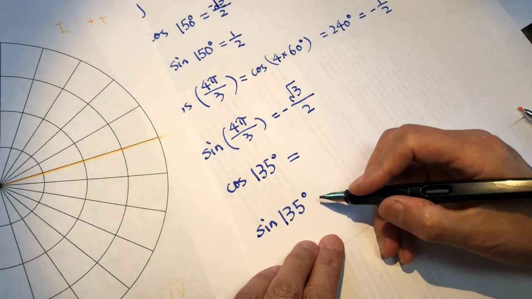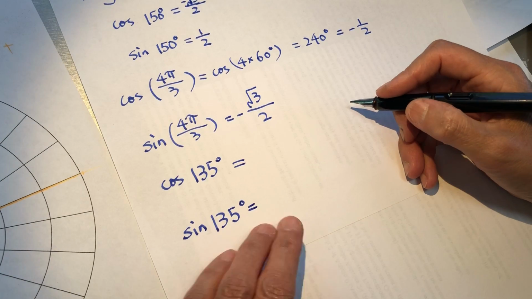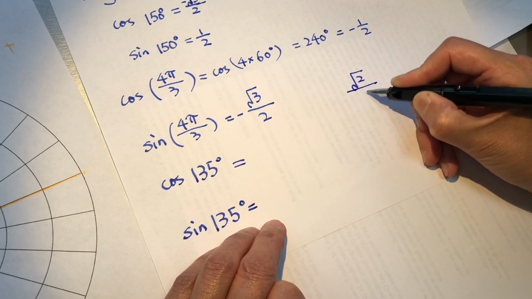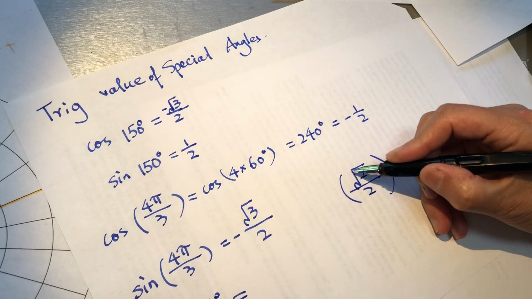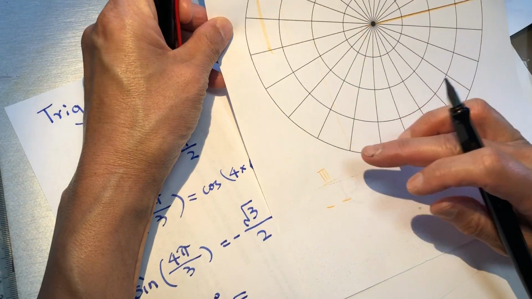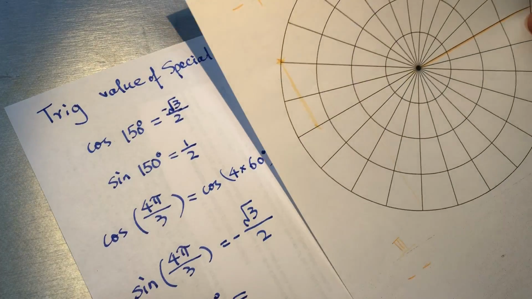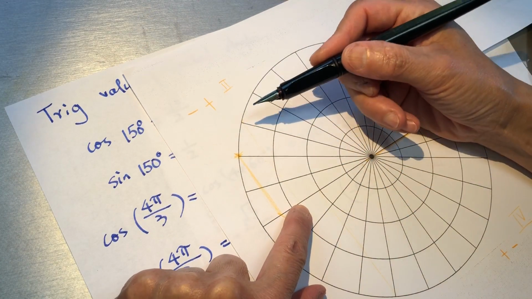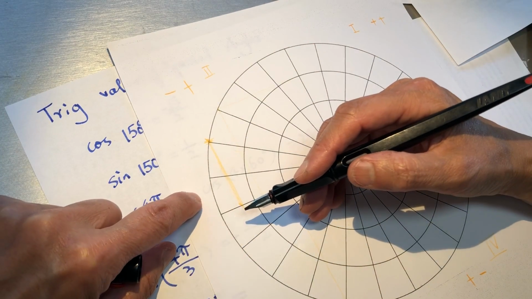And the reference angle is 45 degrees. So we know the absolute reference value is root 2 over 2. We only need to care about the positive sign and negative sign. So cosine is x value. X in the second quadrant is negative.